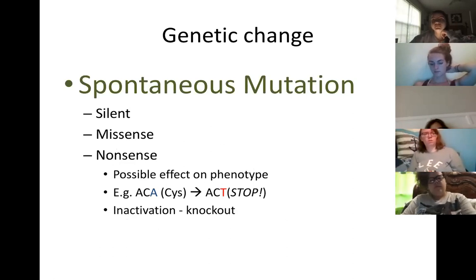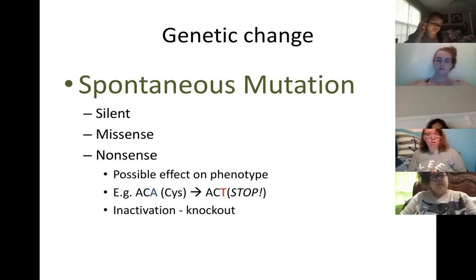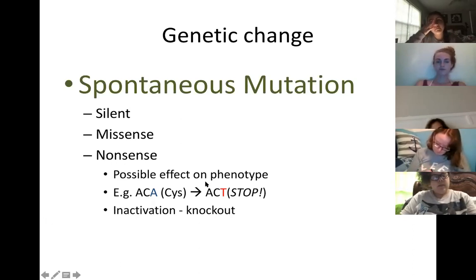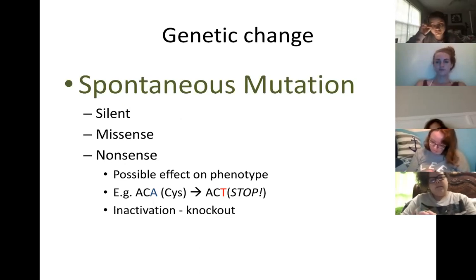So amino acid number 319 out of 320 is different. Well, in that case, one amino acid at the very end of the sequence might not have a big effect. And so it's still possible that you could have some type of normal function, right?